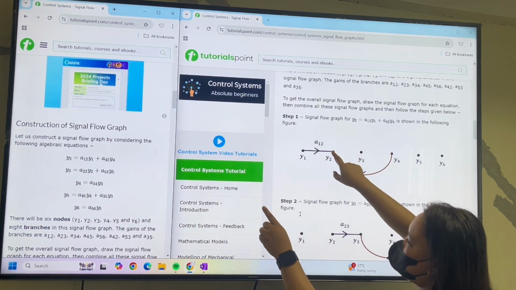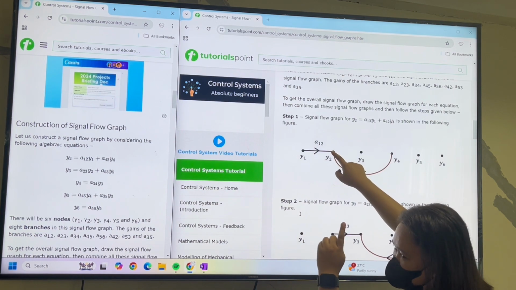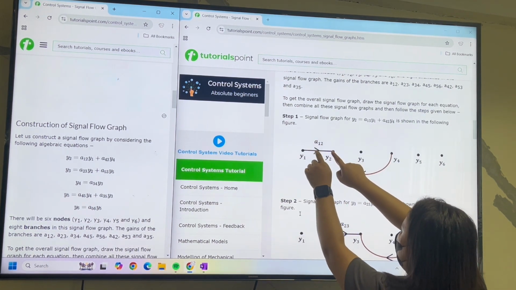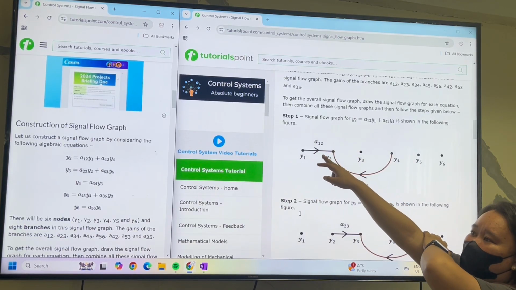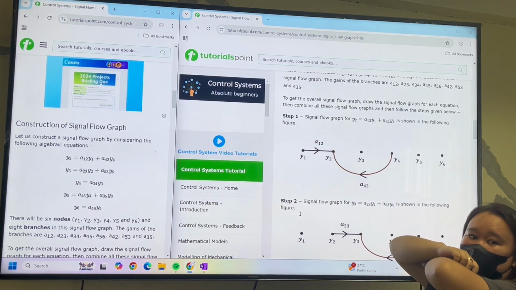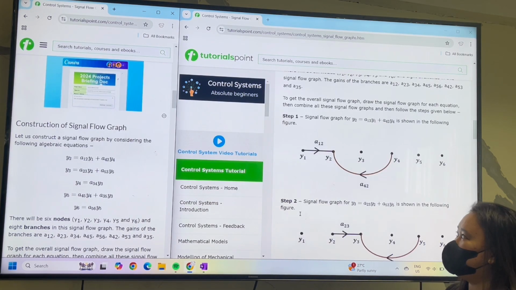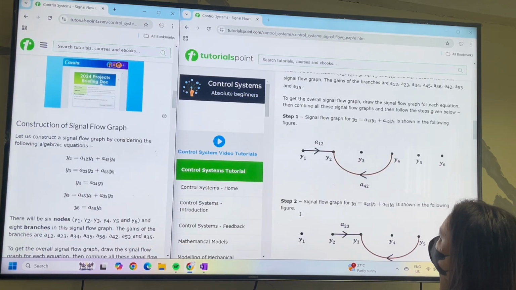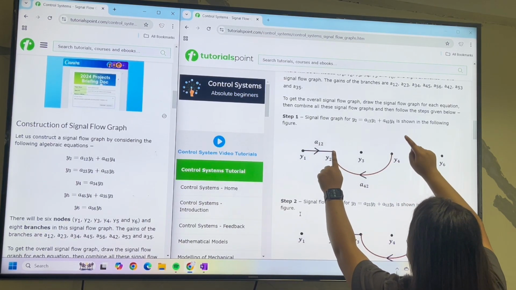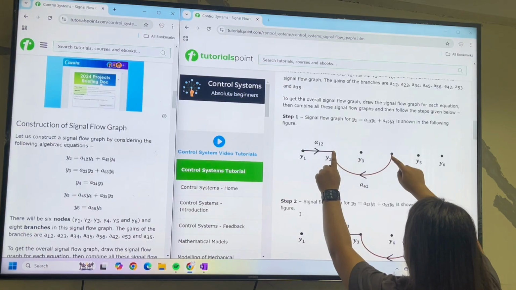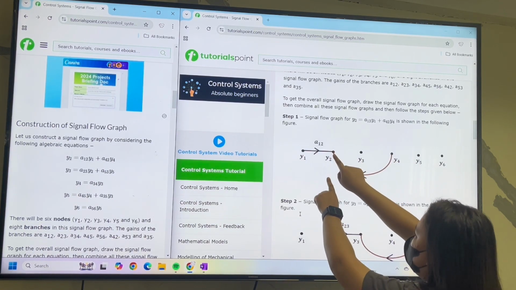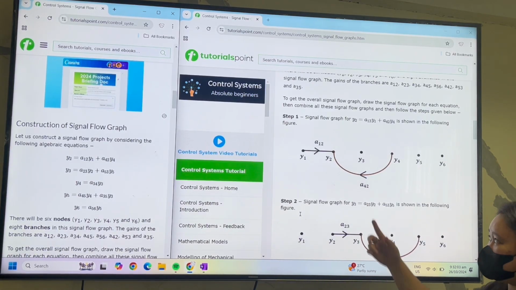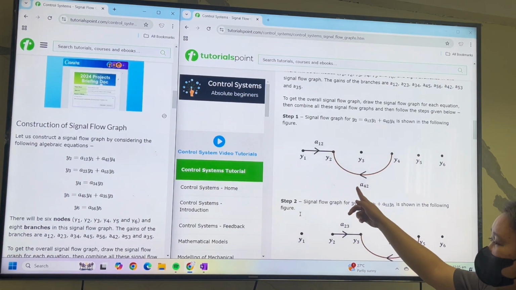Okay, so Y1 goes toward Y2 with gain A12. It is denoted with a greater than sign. Next, plus Y4 with A42. Y2 is the output, Y4 goes to Y2 with gain A42. It is plus, so positive.